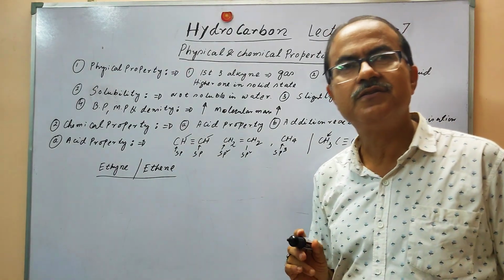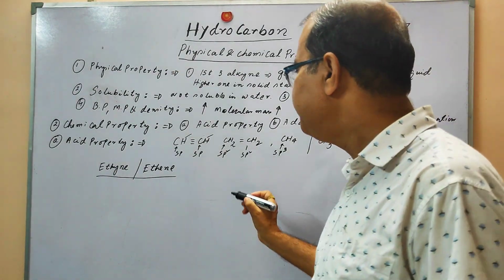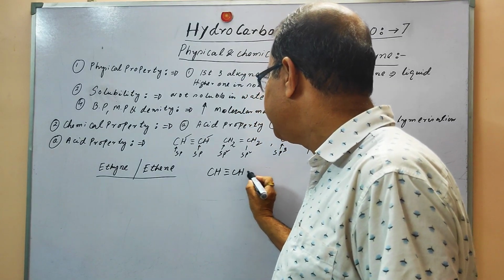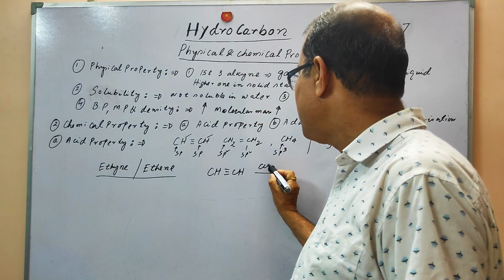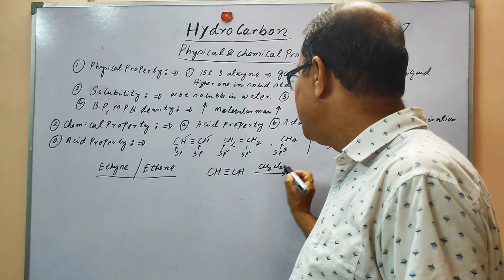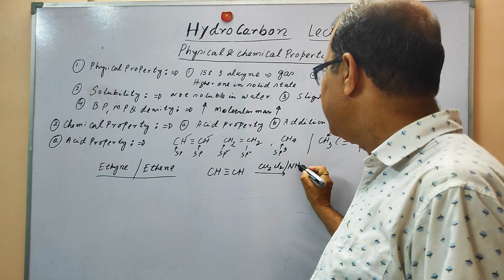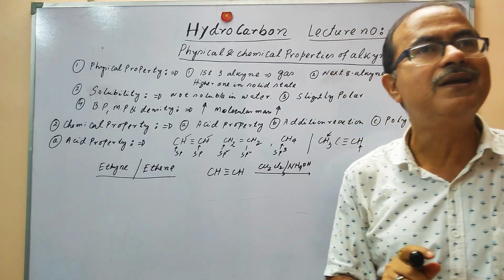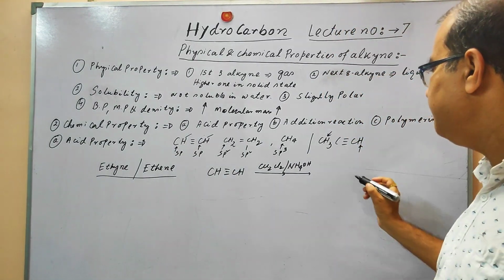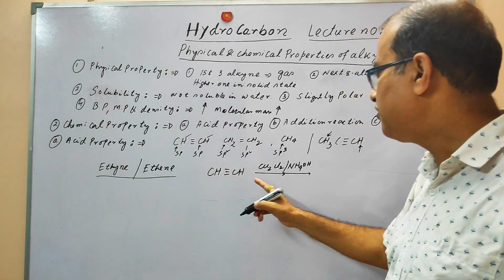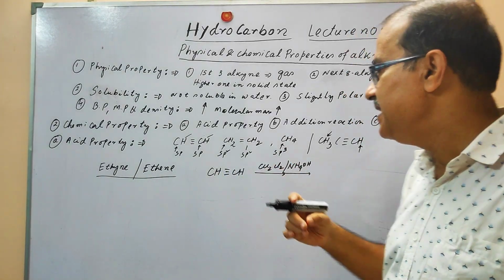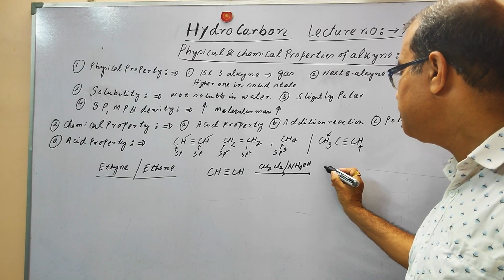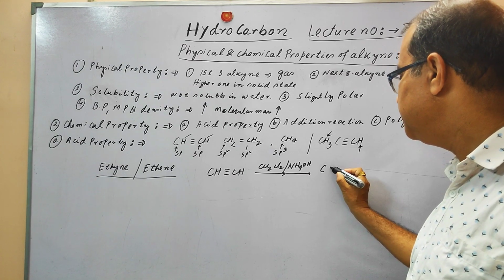This can be distinguished this way. When ethyne is reacted with ammoniacal cuprous chloride, at that time this hydrogen atom, because it is acidic, is going to be replaced and it is going to produce this.